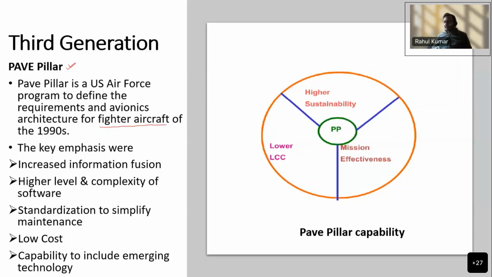And in the Pave Pillar architecture, the key emphasis was to increase information fusion and allow a higher level of software complexity. That means more advanced and more effective software was used.